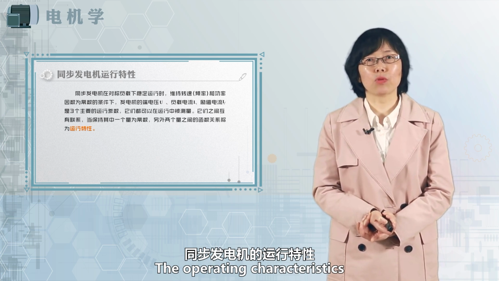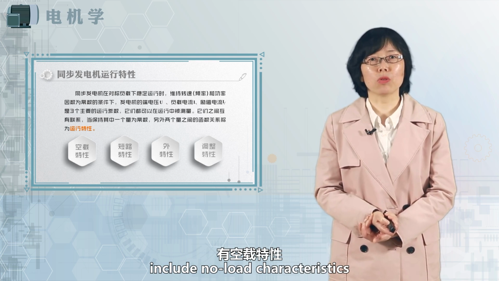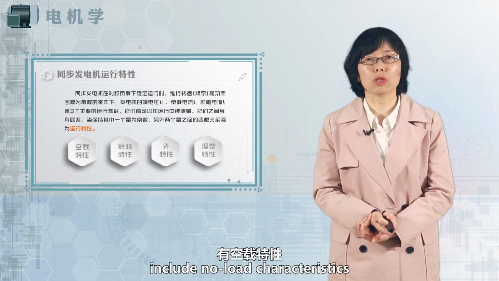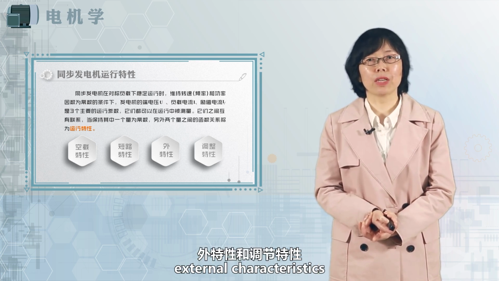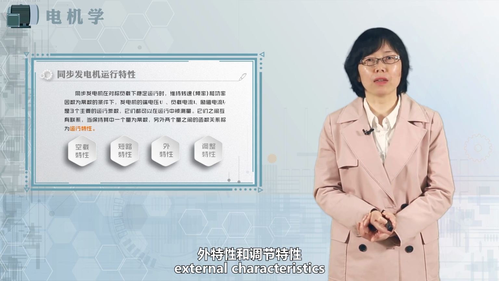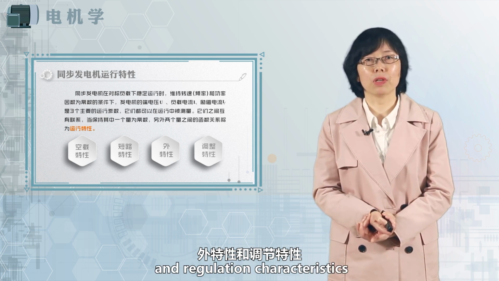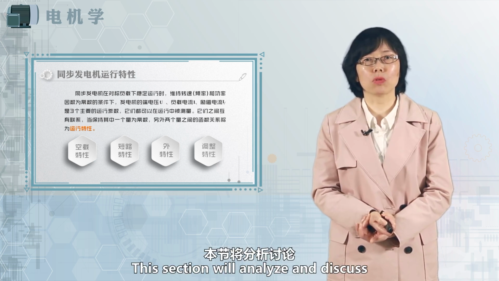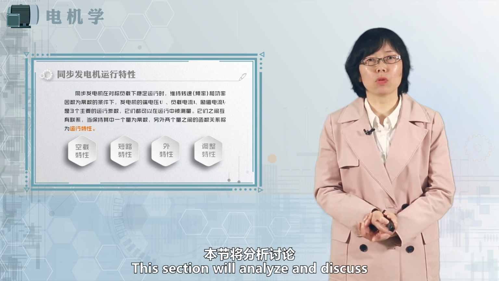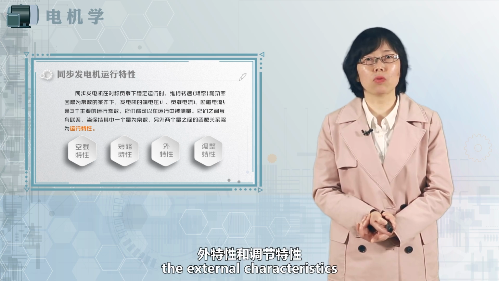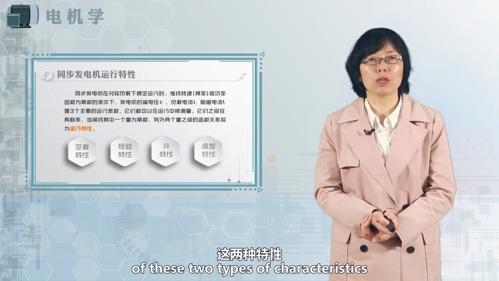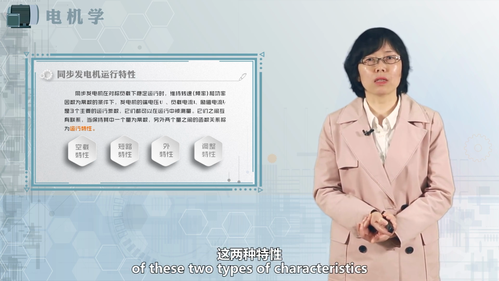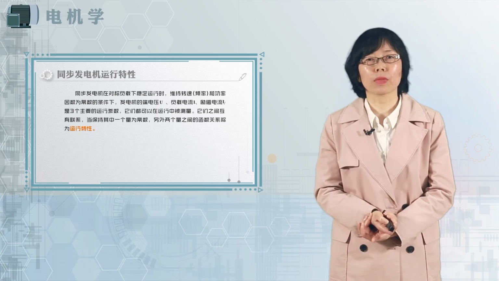The operating characteristics of a synchronous generator include no-load characteristics, short-circuit characteristics, external characteristics, and regulation characteristics. This section will analyze and discuss the external characteristics and the regulation characteristics of these two types of characteristics.